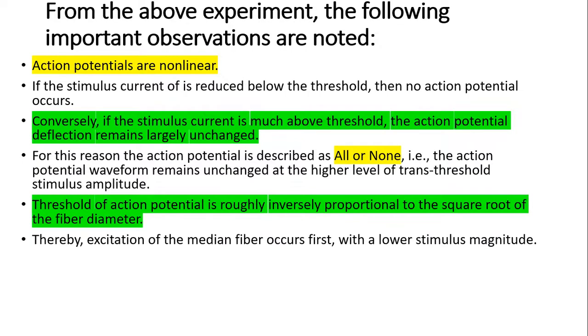So the meaning is that excitation of the median fiber occurs first with a lower stimulus, because since it is inversely proportional, a fiber with large diameter has a lower threshold, and a fiber with smaller diameter has a higher threshold.